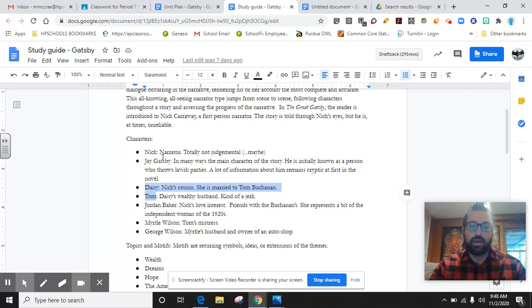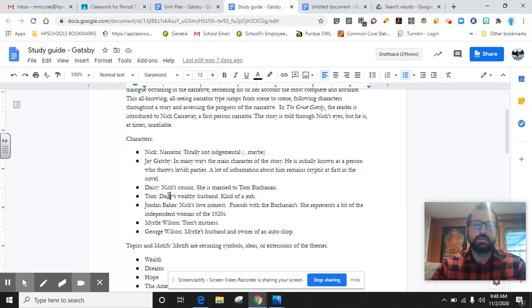You'll see Nick and J. Gatsby are kind of a combination of some different elements of F. Scott Fitzgerald himself. Anyway, Daisy is Nick's cousin. So when Nick first comes out to New York and starts working and finds a place to stay, he gets invited over to her and Tom's house for dinner. And that's basically the first chapter.